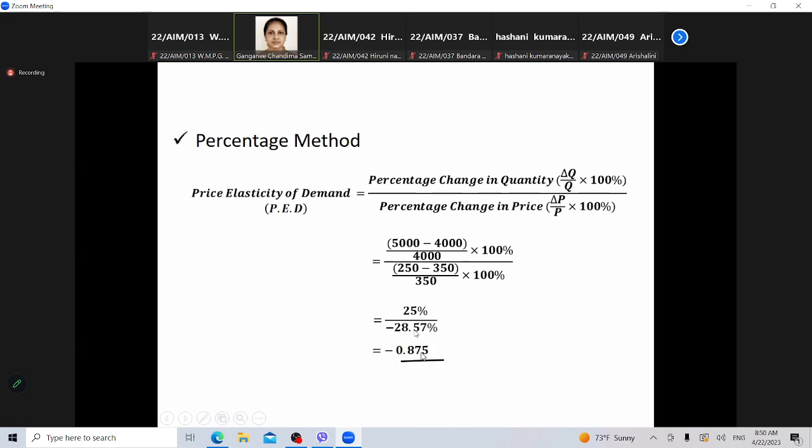Calculate here, I think here also maybe one mistake, no? Because here P divided by Q. One section is missing, isn't it? Let me calculate again. 5,000 minus 4,000 means 1,000 divided by 4,000.